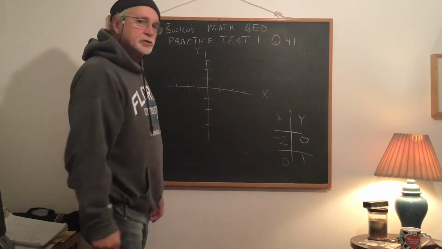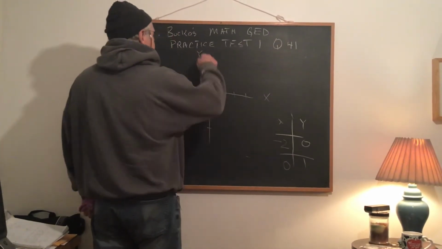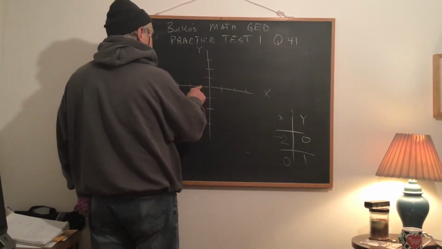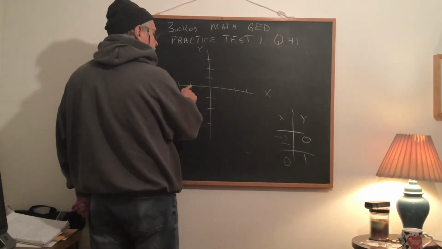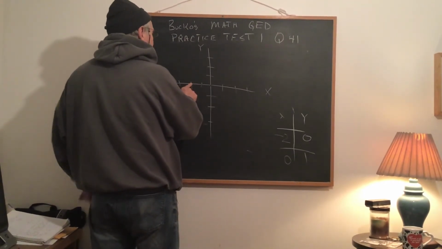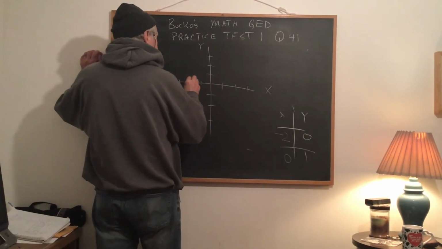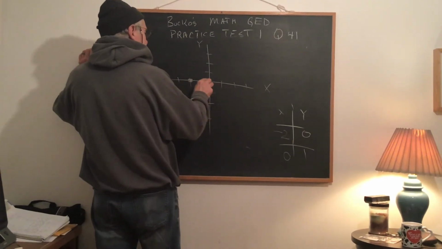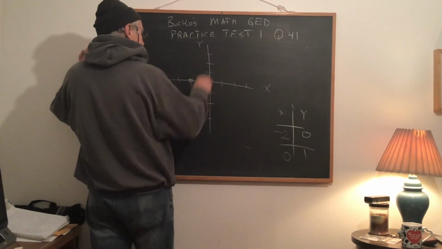So all we're going to do is put in these points. Where x is -2, so here's your x, here's 0, here's -1, -2. Where x is -2, y is 0, because y is 0 right there. X is -2, y is 0.